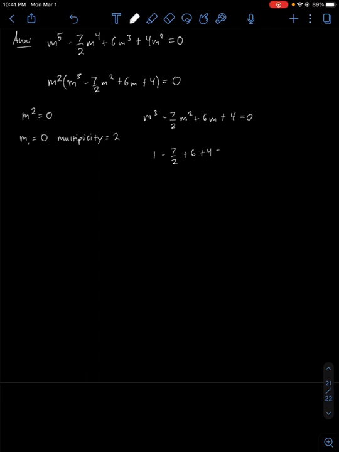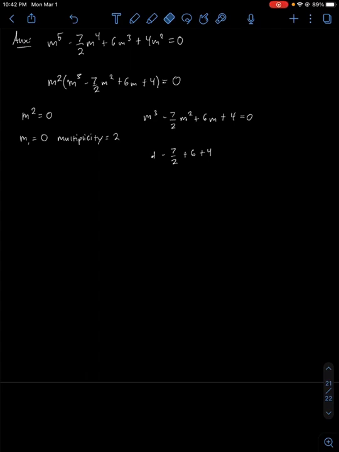Does that equal 0? Let's see. That's 1 plus 6 plus 4 is 11. 11 over 1 is 22 over 2 minus 7 over 2, which does not equal 0.